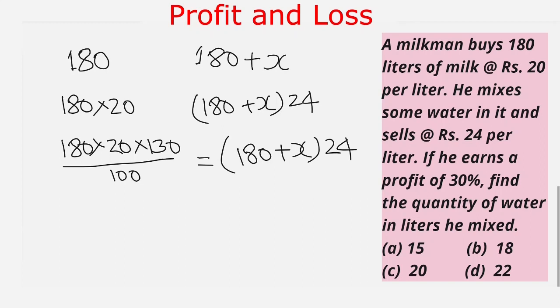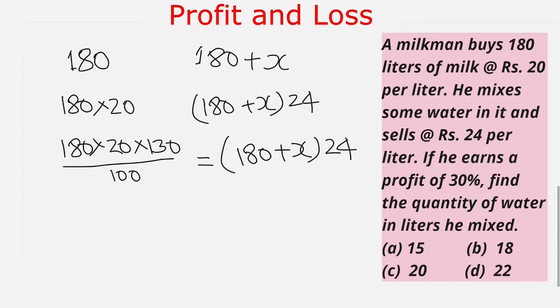If the profit percent is 30%, then the selling price is 130%, and if we multiply 130% to 180 multiplied by 20, it comes out to be 180 multiplied by 20 multiplied by 130 over 100, and the selling price comes out to be (180 plus X) into 24. So we equate these two.